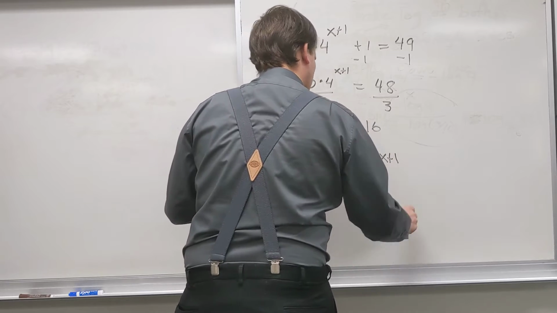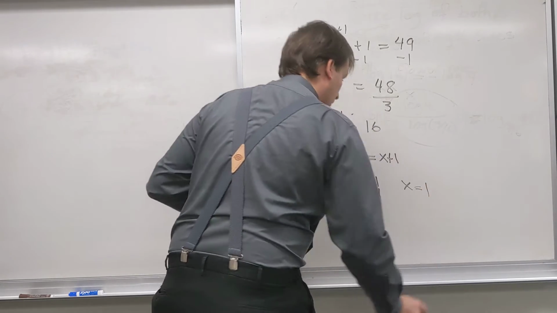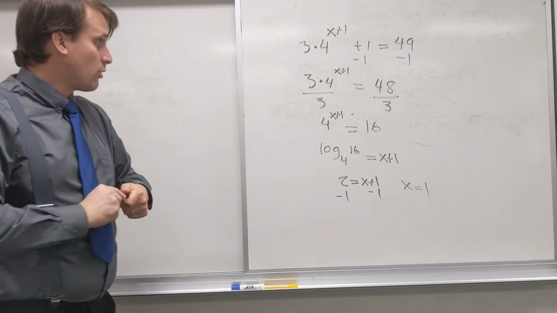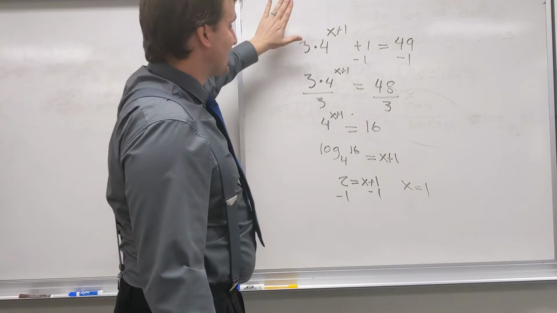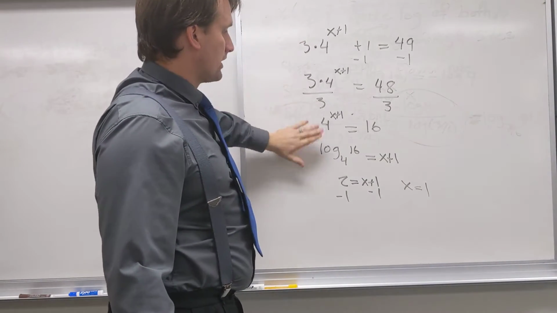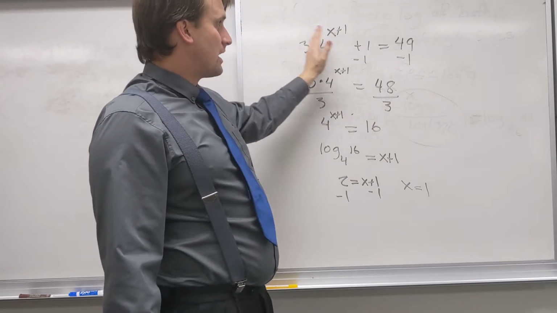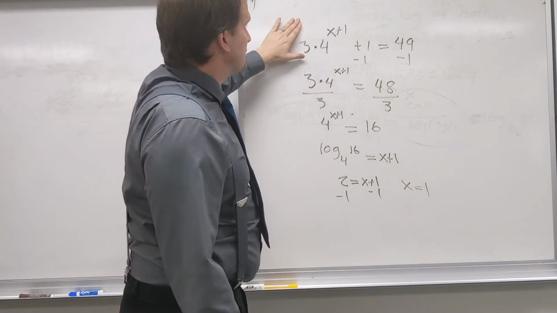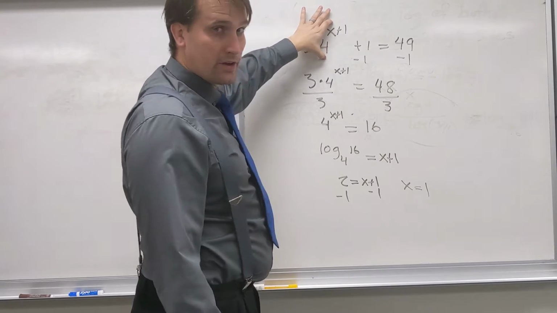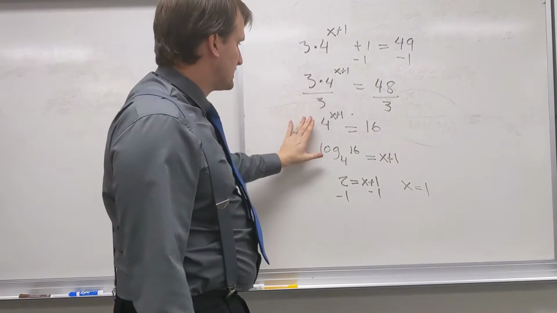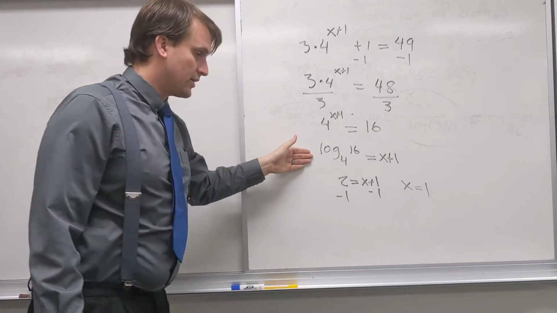Subtract 1 from both sides, and we get x equals 1 for our answer. That is how we would solve an equation like this. And again, we're not doing much beyond algebra 1 level manipulation to get the exponential on its own, and then convert the exponential equation into a logarithmic equation.